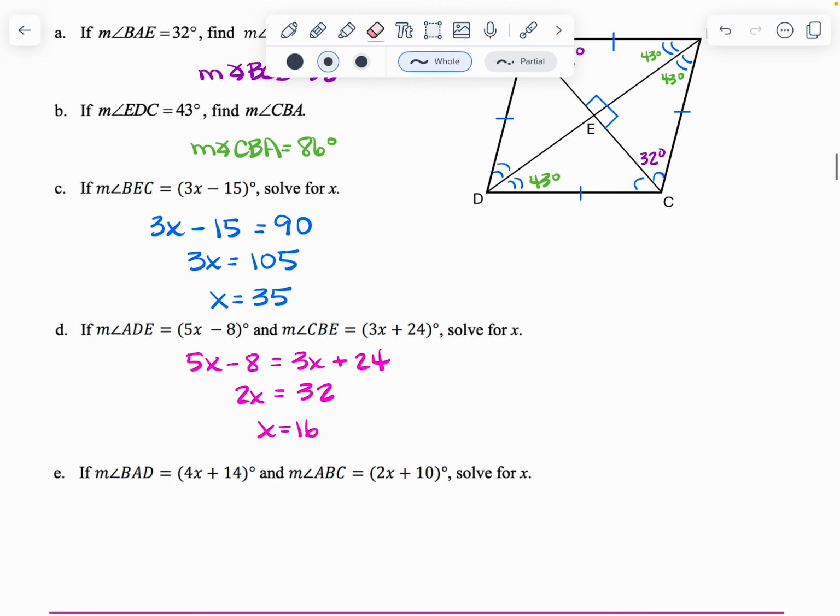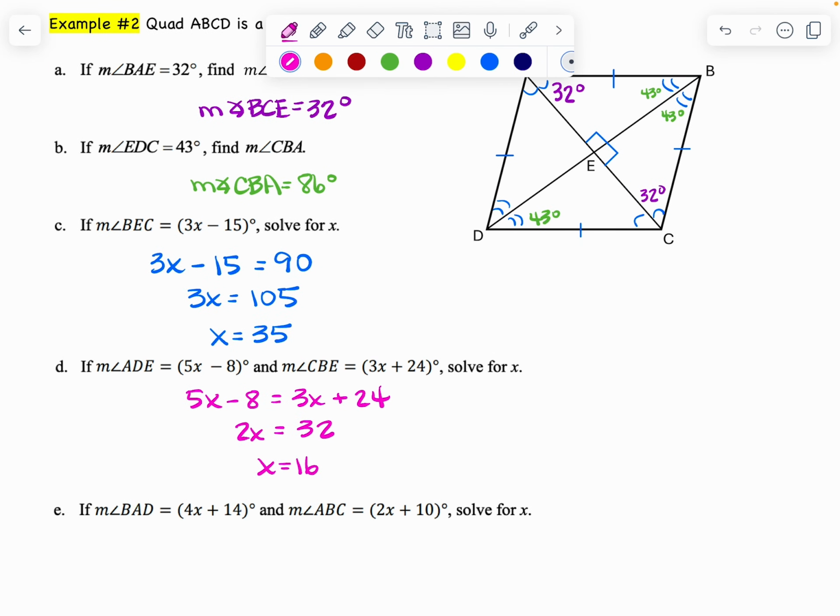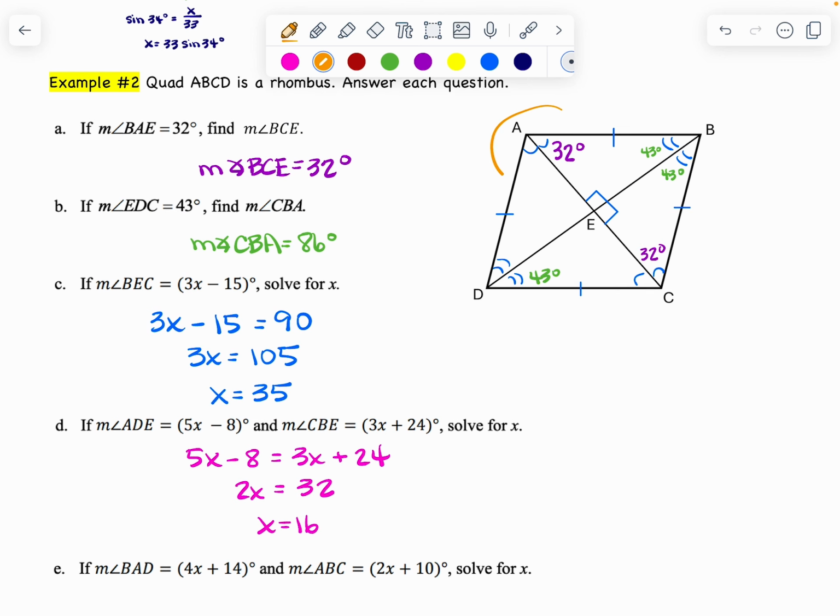All right, let me go erase those giant pink dots that I put in there. All right, last question. If the measure of angle BAD, use orange, so BAD, so that's this whole angle, is 4x plus 14, and ABC, so that's this whole angle, solve for x. Okay, well, what do we know about this whole angle and this whole angle? Well, we know that it's a parallelogram, right? And so they have to be supplementary, right? A rhombus is still a parallelogram, so all those properties from yesterday hold true.